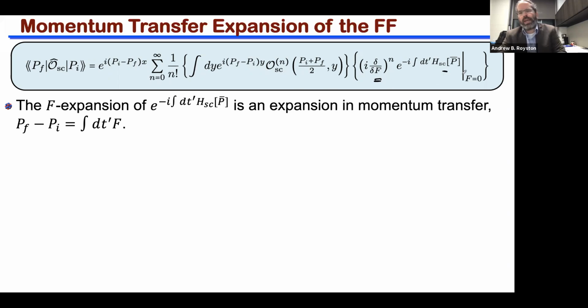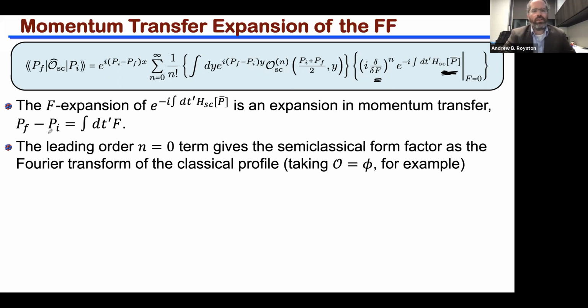So the f expansion of this thing over here is an expansion in momentum transfer because of the impulse momentum theorem. The leading order n equals 0 term gives the semi-classical form factor as the Fourier transform of the classical profile itself. So that recovers the original statement we had about the form factor. But then we've got corrections involving the Fourier transform of the derivatives, and they're weighted by that there.